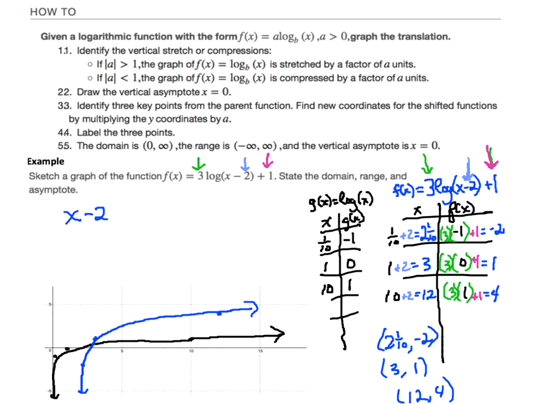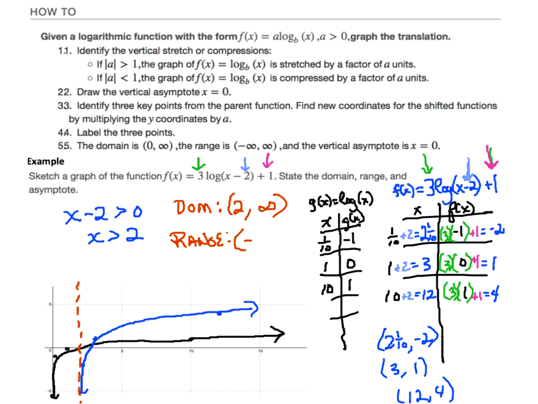So for my domain, x minus 2 has got to be greater than 0, so x has got to be greater than 2. So I have a vertical asymptote at x equals 2, which means my domain will go from 2 through positive infinity, and my range, as usual, is negative infinity to positive infinity.